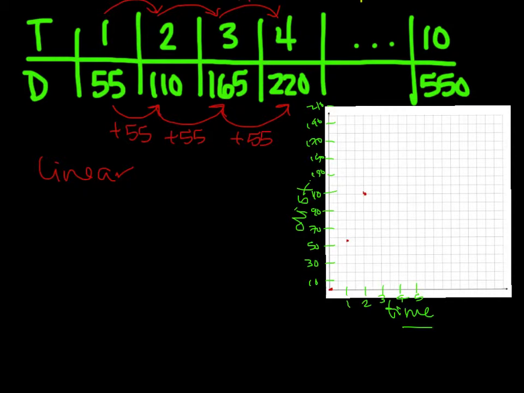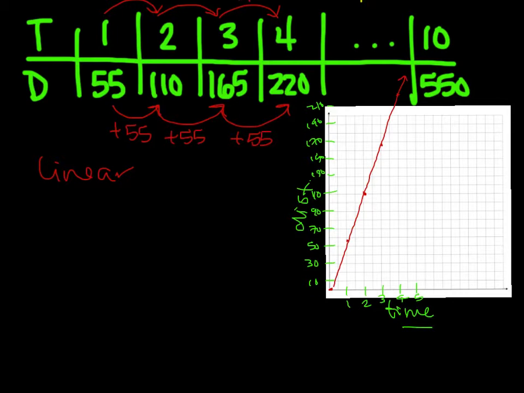At 3 hours, she's at 165. So somewhere in there. And at 4 hours, she's at 220. So we can sort of eyeball that one. It's going to be like up here somewhere. So looking at that, it is very, very clearly a linear relationship. And we can sort of hit all of those dots in a nice straight line. That was actually pretty good.